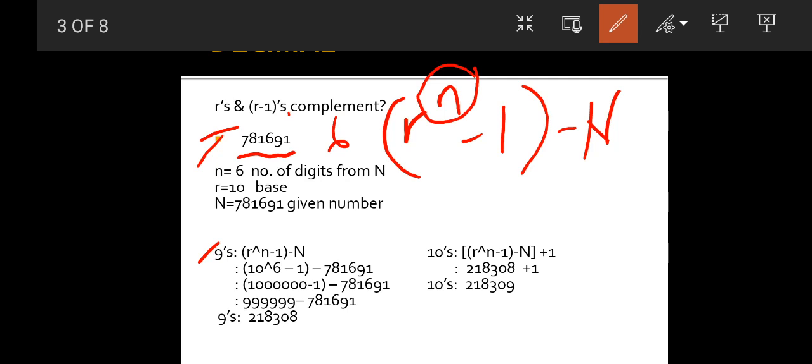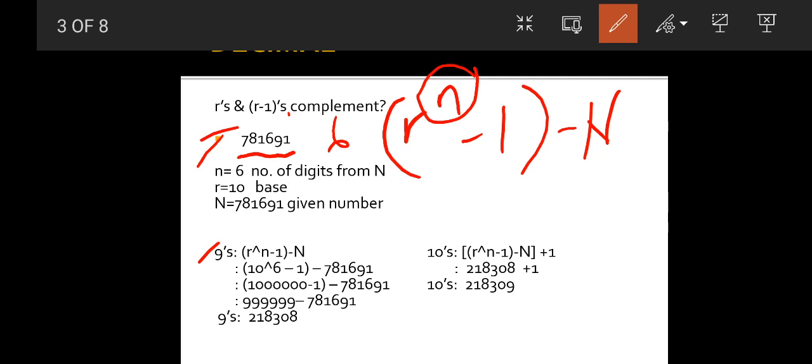So your small n is 6. While your r, which is your base, since we're looking for decimal or base 10, is 10. And your big N is 781691, which is the given value.